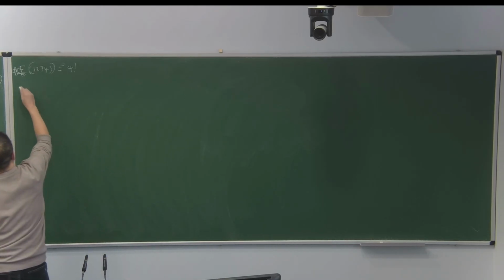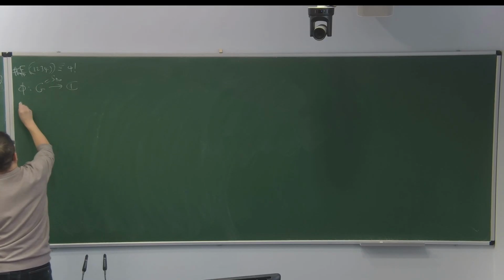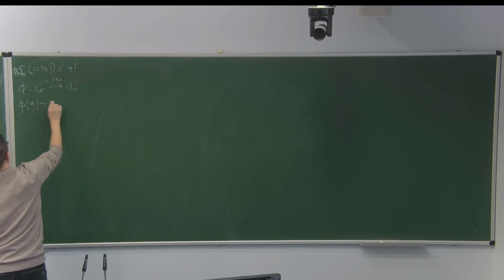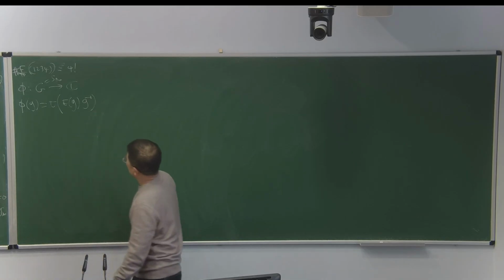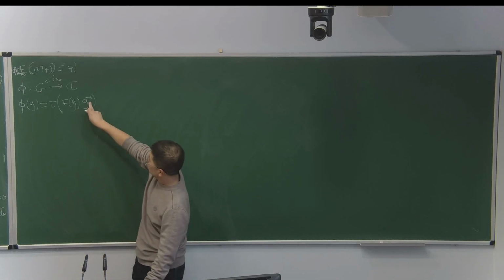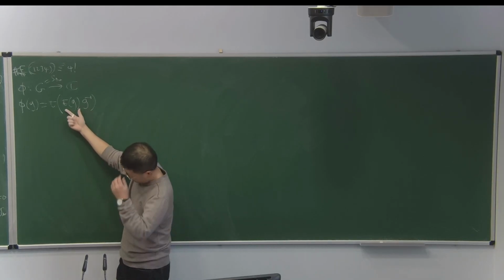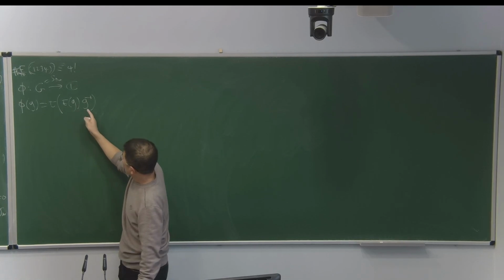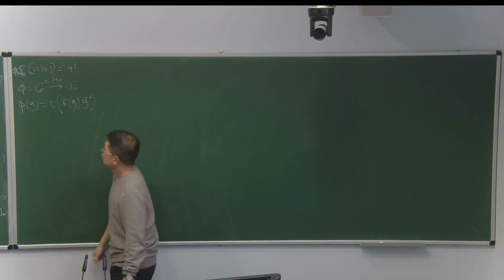So the point is that you consider the following map defined by phi(g) equal to the coefficient of g in front of g in the Fourier expansion of E(g).